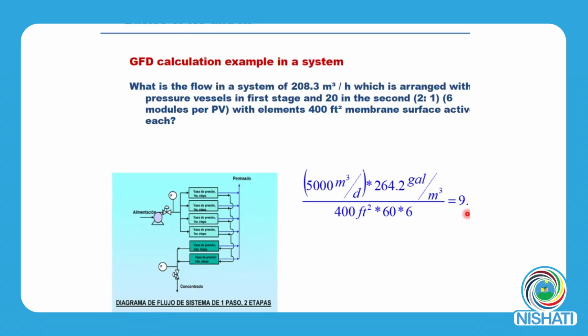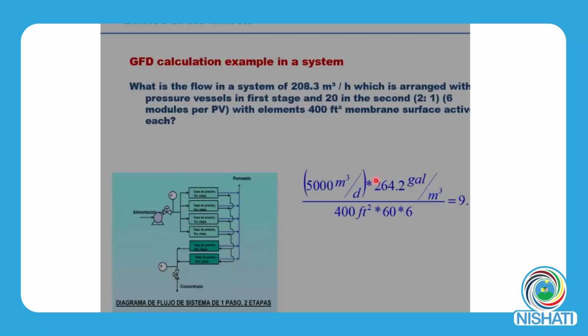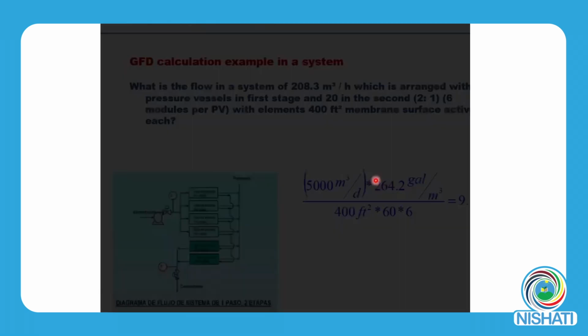However, if you are treating dirty water, containing a lot of suspended solids, a lot of salts, you need to reduce the GFD, your flux. Okay, so flux is very related with the water quality. The higher the tendency of the water to foul the membrane, the lower GFD that you need to use in your system. Okay, and the lower the tendency of the water to foul the membrane, the higher flux you can use. Okay.